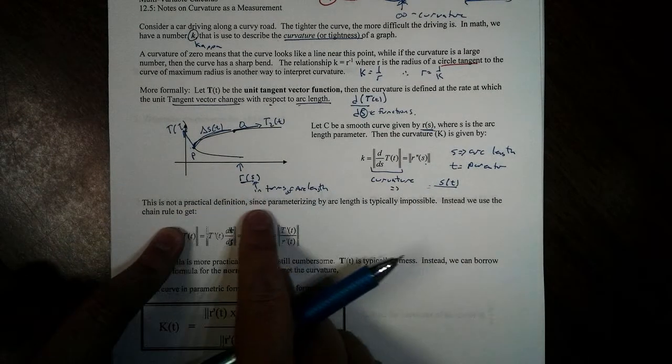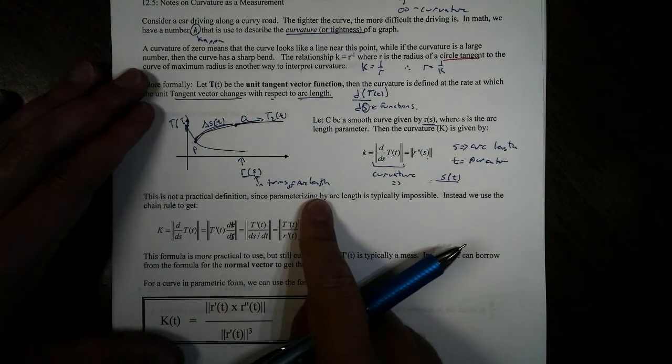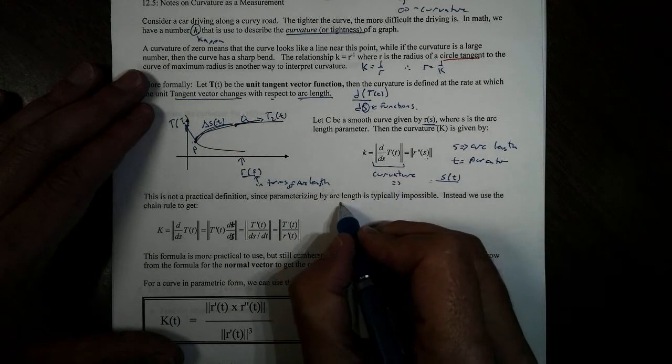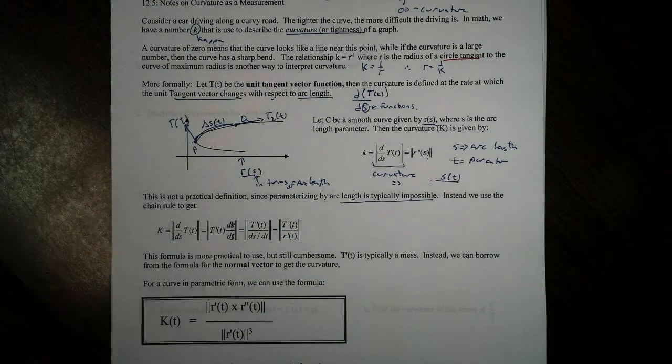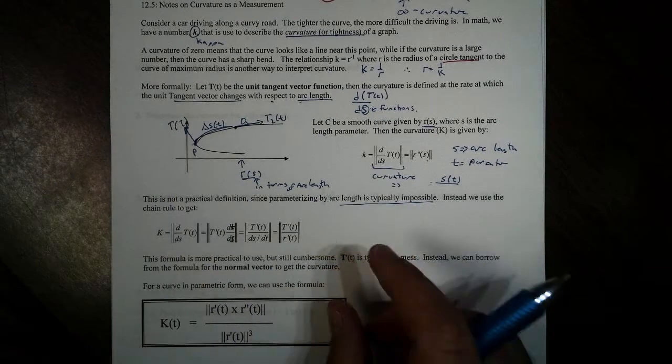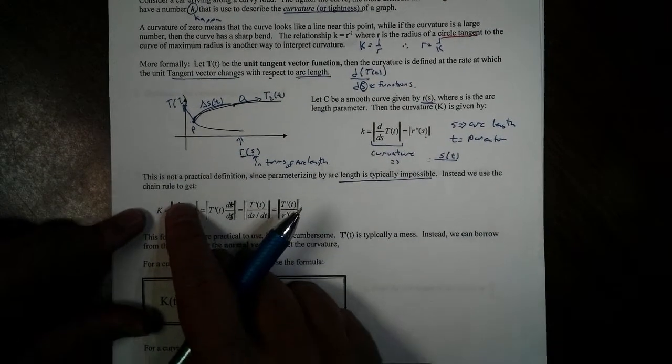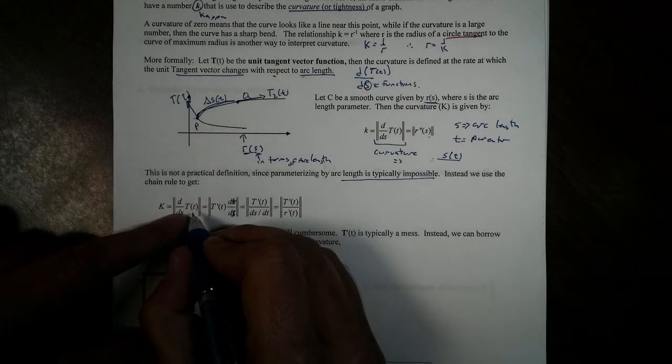So this is not very practical, as we said, since writing this in terms of arc length is typically impossible to do. So we have to come up with another way to do this. So we use the chain rule. Remember, T is a function of s by itself.